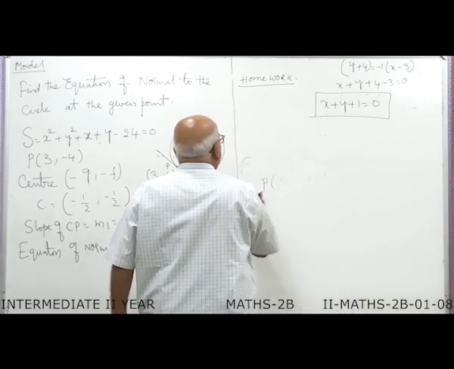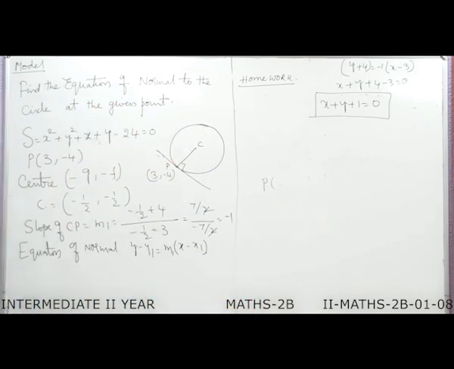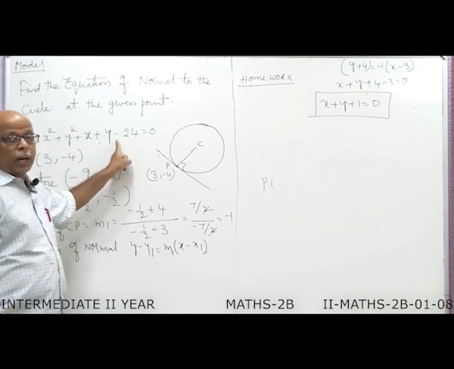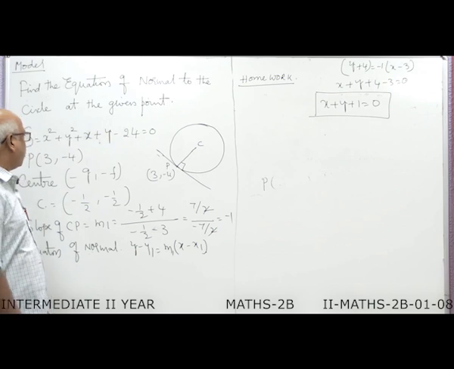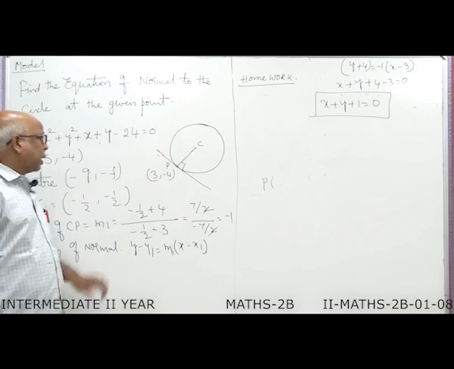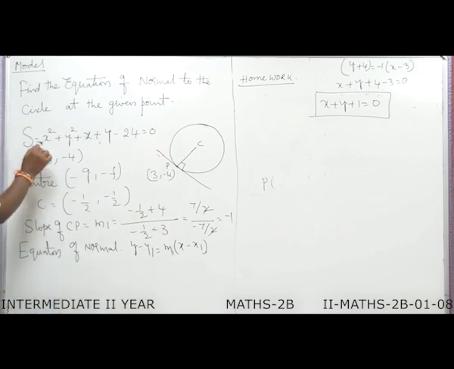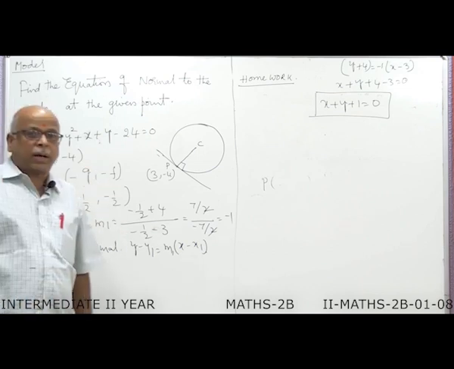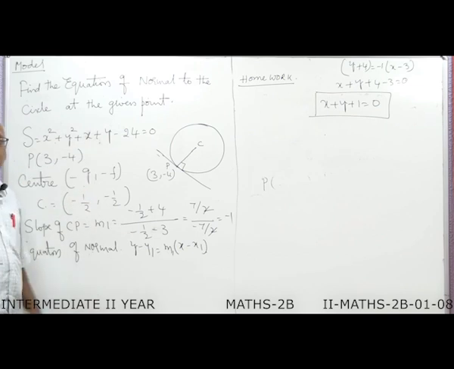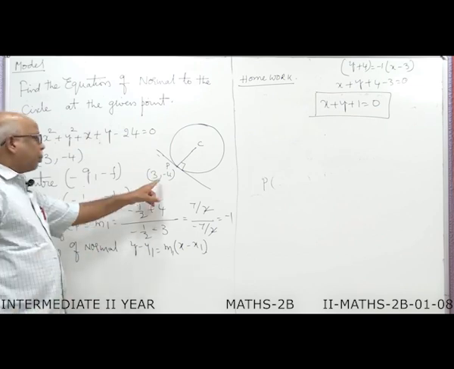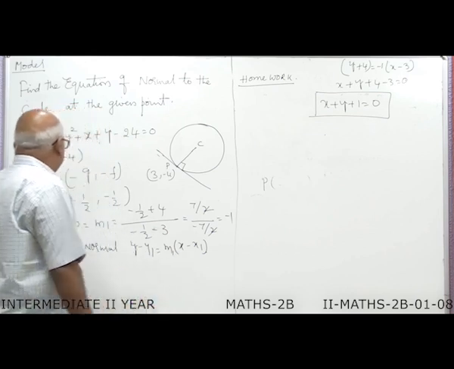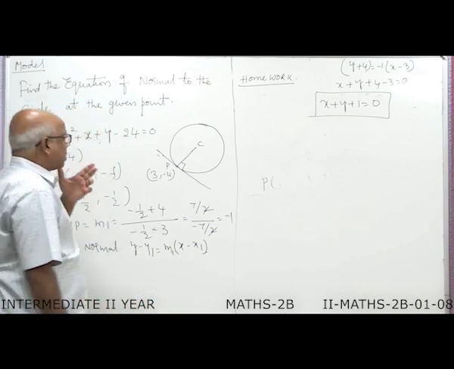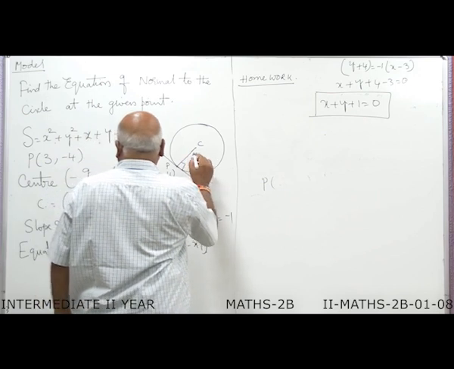I repeat, here the circle equation is given as x square plus y square plus x plus y minus 24 equal to 0. Given point is (3, minus 4). Let us take up the equation of normal. First of all, I determine the center. Coordinates are minus g, minus f. g means half of x coefficient, f means half of y coefficient. Slope of CP is y2 minus y1 by x2 minus x1.